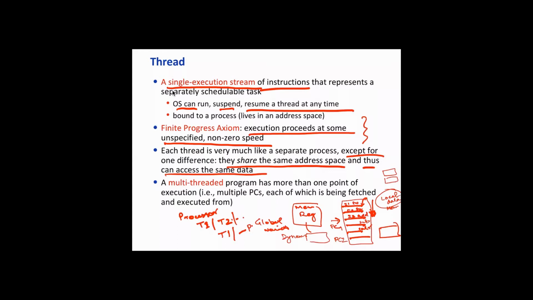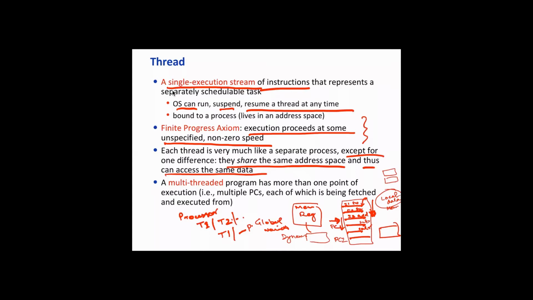But the OS must ensure that each thread gets a time slice of the processor. So it means that it must progress. If T1 is here, then after some time it should move further up. So a thread should not get stuck forever at a certain point in execution. All threads should progress.